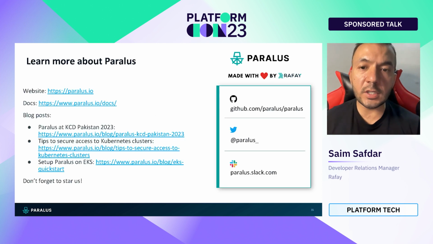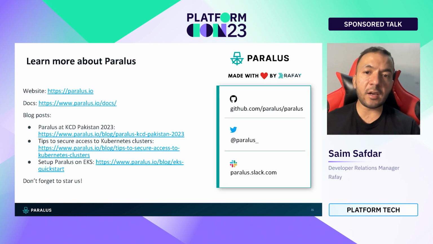So here are more resources for you to go to. Go to the Paralus.io website, look at the features and the use cases you can use Paralus for. The docs are literally wonderful. We have a wonderful dedicated maintainer updating the docs on a daily basis. We have a blog. We actually participated in the case study event in 2023.